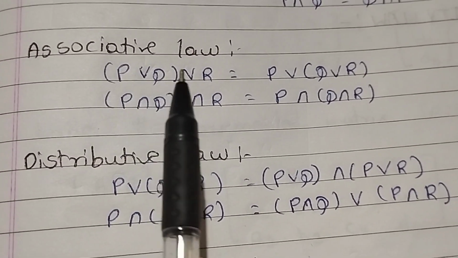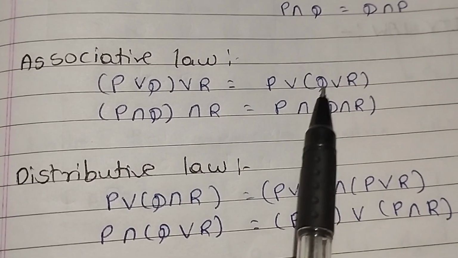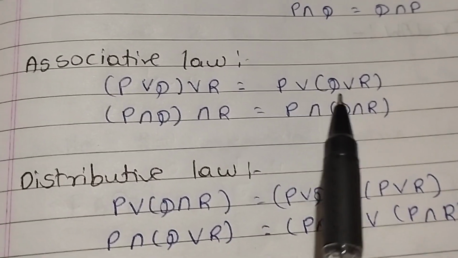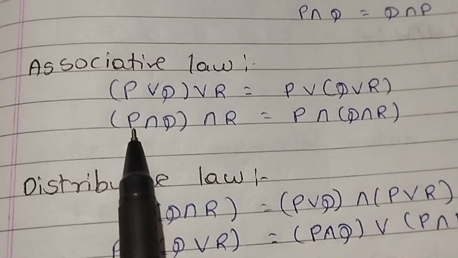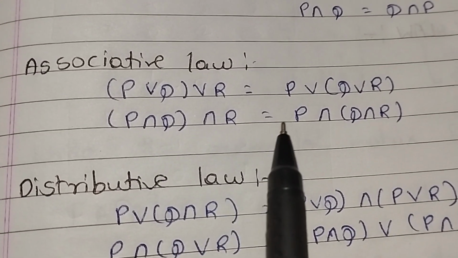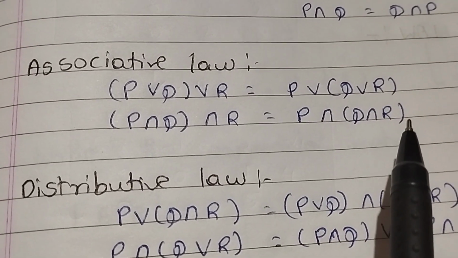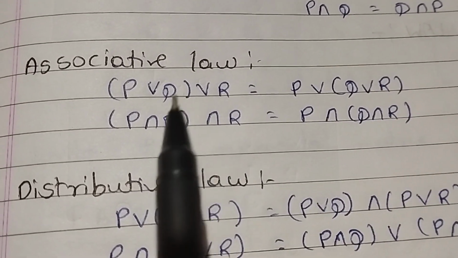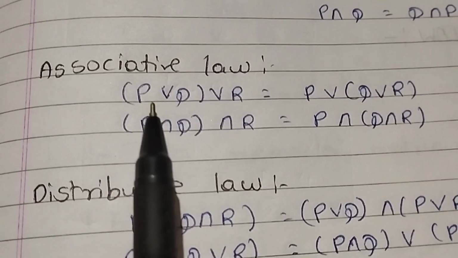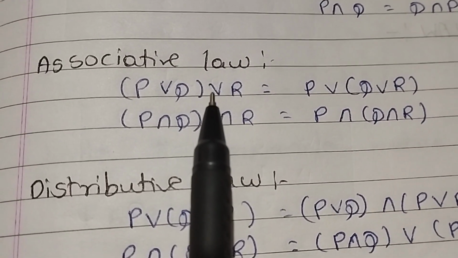P or Q or R is equal to P or in bracket Q or R. So here the brackets change. Again, P and Q and R is equal to P and in bracket Q and R. This is the associative law. It means if the connectives are the same, then we change the brackets.